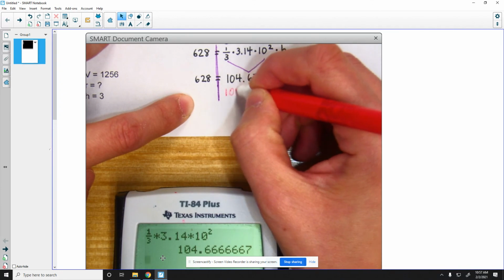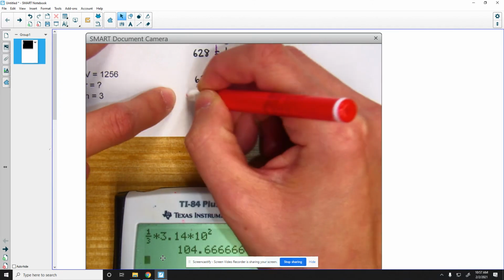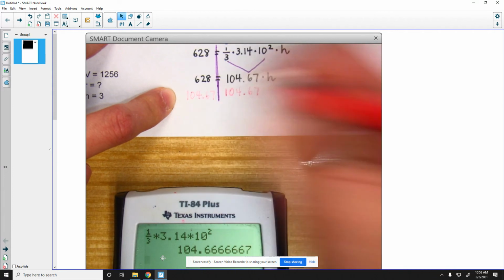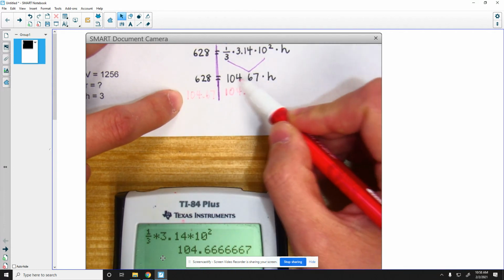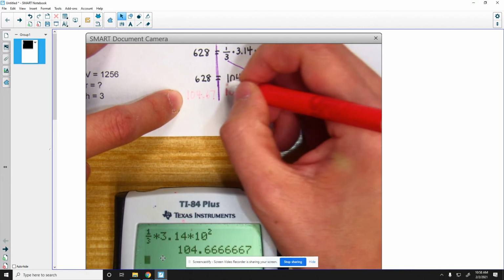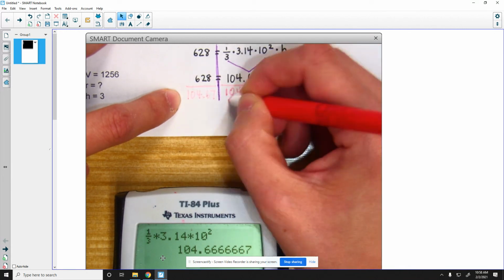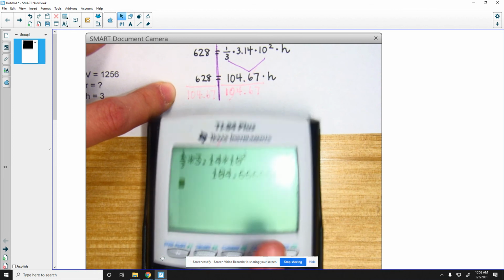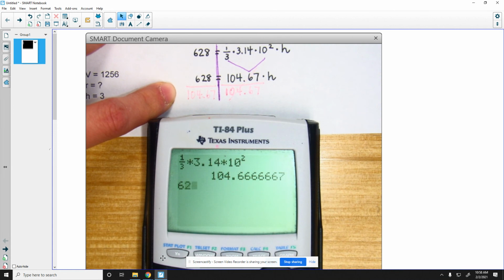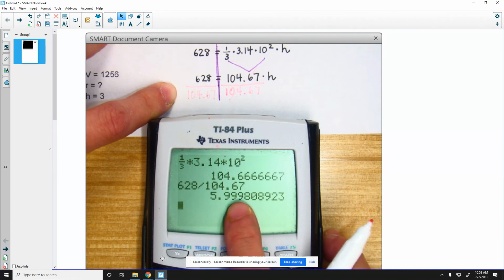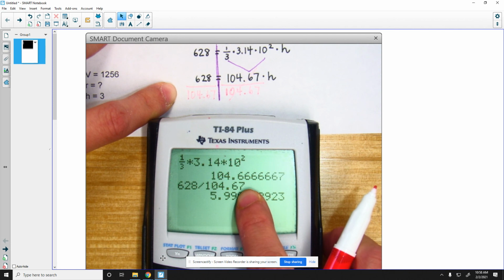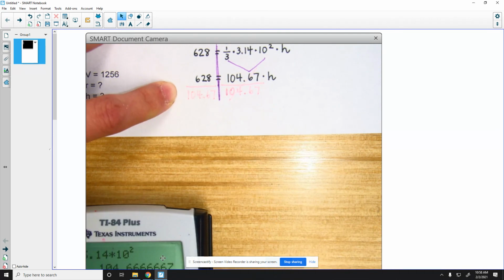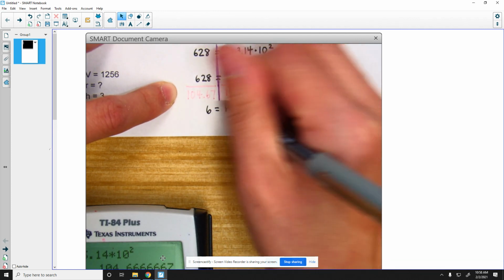Yeah, 104.67. And use opposite operations, right? It's 104.67 times h, so opposite of times is divide. So I'm going to divide both sides by 104.67. 628 divided by 104.67 gives me 5.9999999. If I round that, isn't that just 6? So that would be my answer. 6 is h. The height is 6.